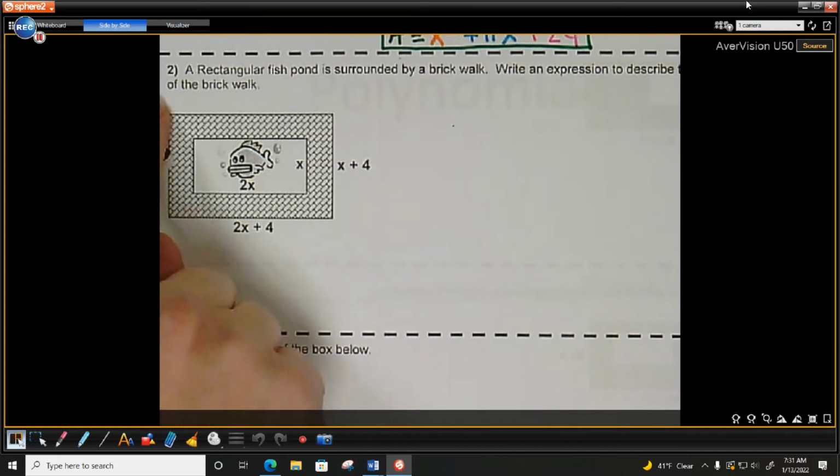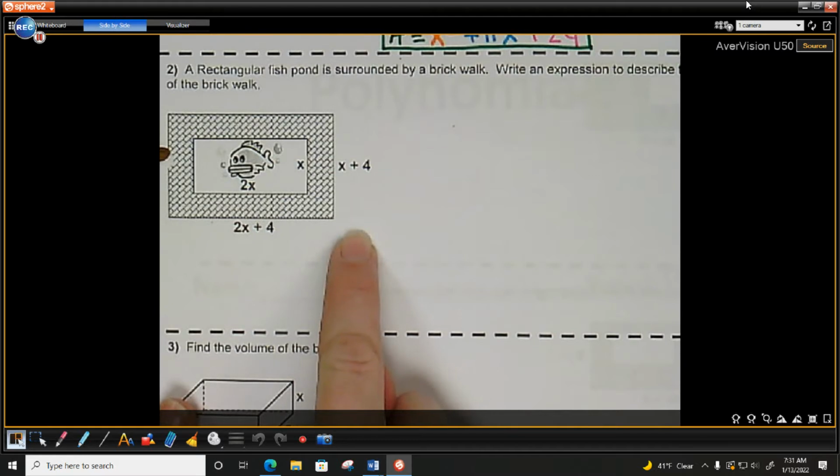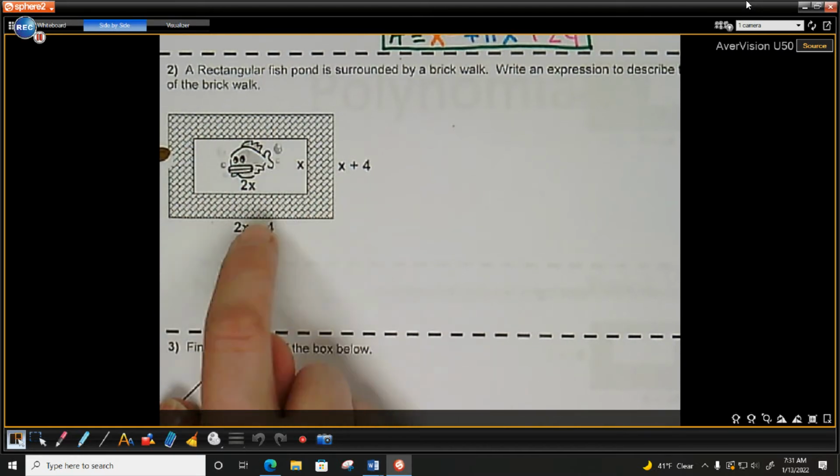So what do we need to do? What do you think, Dylan? Find the area of the pond, and then find the area of the brick and then subtract the total. We're going to find the big area. But then we're going to subtract the area of the pond, because the pond doesn't have brick. And that's going to find the area in between. Okay, so this is like a three-parter.